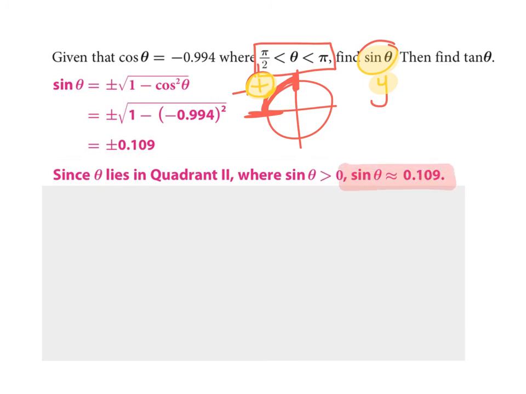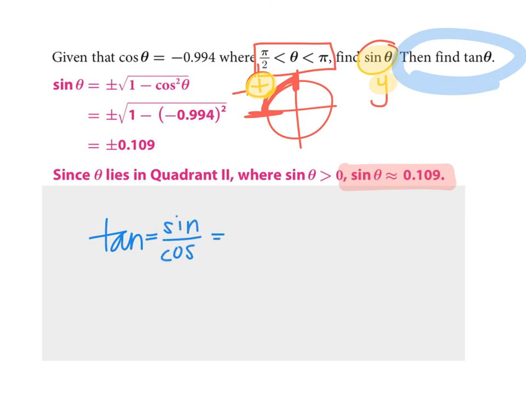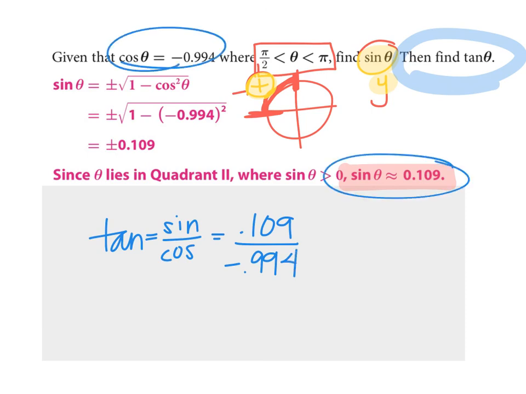Now the rest of this question asks me to find tangent, so let me remind you how to do that. We said that tangent equals sine over cosine, because tangent is a rate. I know sine is 0.109. Cosine is negative 0.994. I'm getting that from this original problem, so I'm pulling these two things together here.